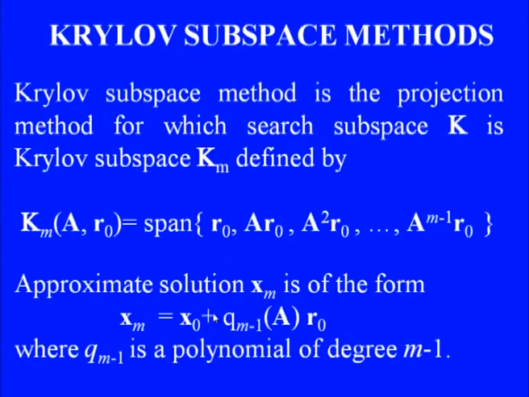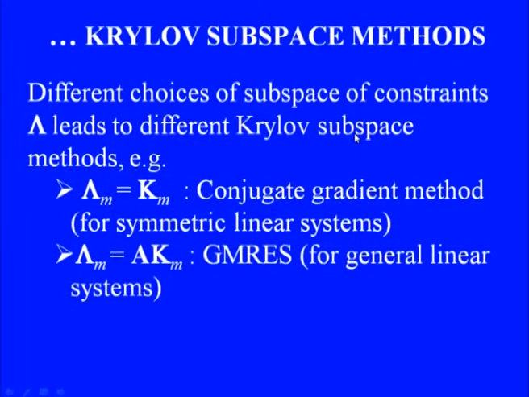Now, in Krylov subspace methods we can have different types depending on the subspace of constraints chosen. Different choices of the subspace of constraints lead to different Krylov subspace methods. For instance, if our lambda m is the same as K_m, that is, our constraint subspace is the same as the search subspace, then we get what we call the conjugate gradient method for symmetric linear systems.